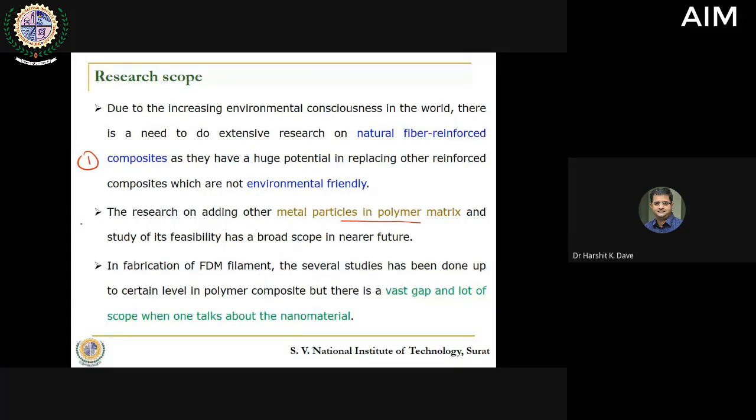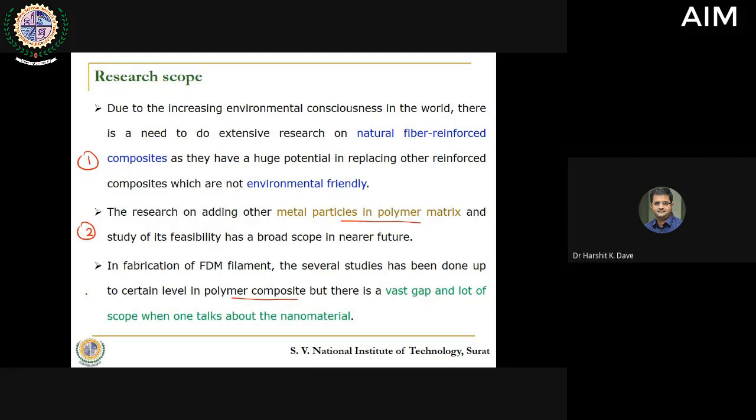Now, when we try to fabricate filament for FDM, there are a good number of studies that have been done on various levels of polymer composites. But when we are mixing nanoparticles like graphene or CNT, or nanoparticles of composites, or nanoparticles of metals, there is still a scope to work on.